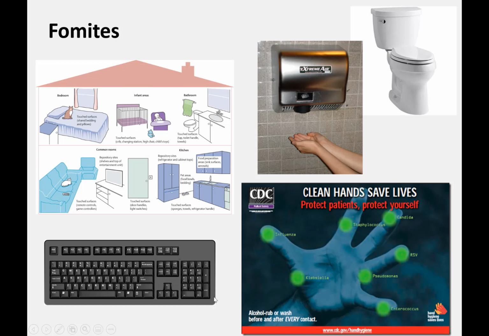Fomites, like I said, are these inanimate objects. Some of the biggest spreaders of disease, both bacterial and viral, are toilets and air hand dryers. So toilets, when you flush them, there's this fine mist that can escape through all these little cracks. Even when you put the lid down, and you know that in public bathrooms you don't have the choice of putting the lid down.